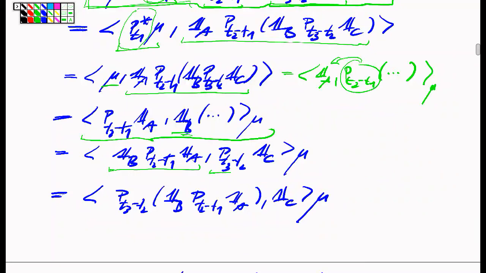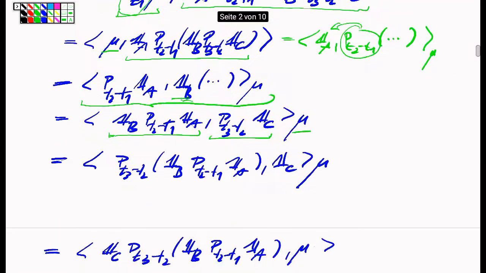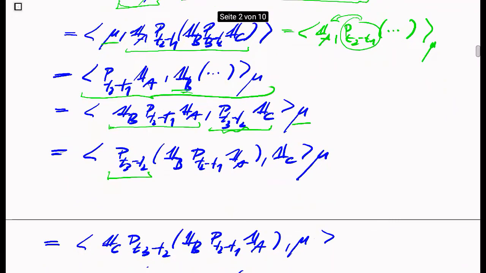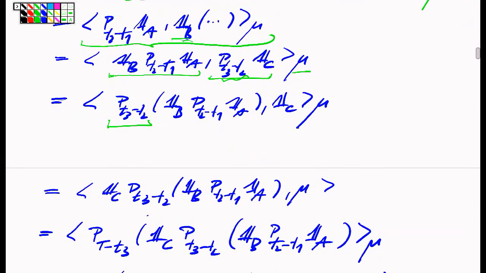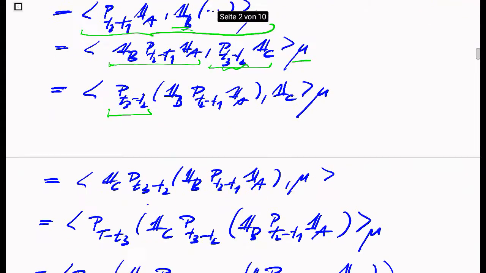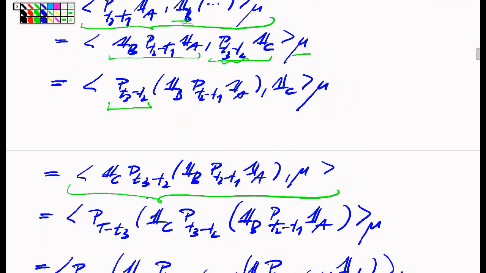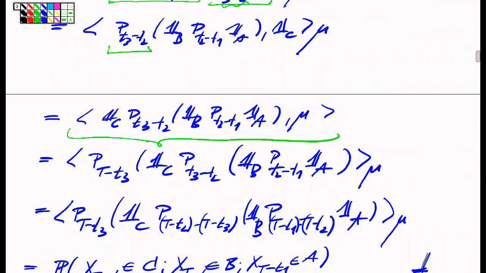And then on the right-hand side, again, we have an expression which involves an operation of a PT on some function alone in the inner product of mu. And again, we move the T3 minus T2 operator onto the left-hand side. So this continues, and ultimately we move again the indicator function of 1C onto the left-hand side, such that we are left with this expression here.